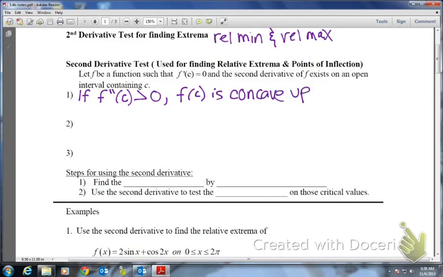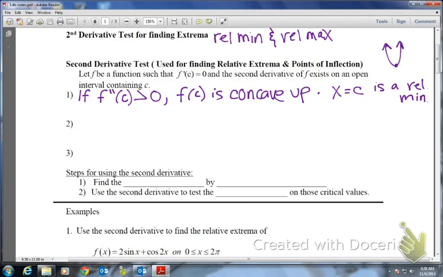And therefore, it has a relative minimum at c. So x equals c is a relative minimum. And I can draw a little picture that shows you that if this is what the original function looked like, that would be concave up, and it would have a relative minimum at that point c.